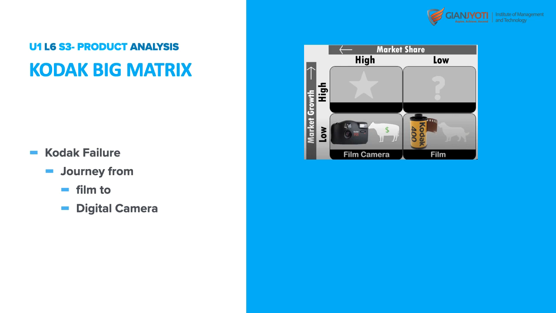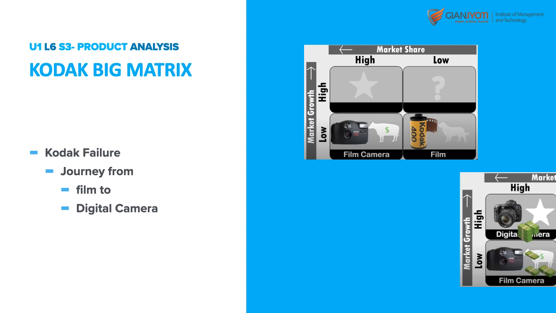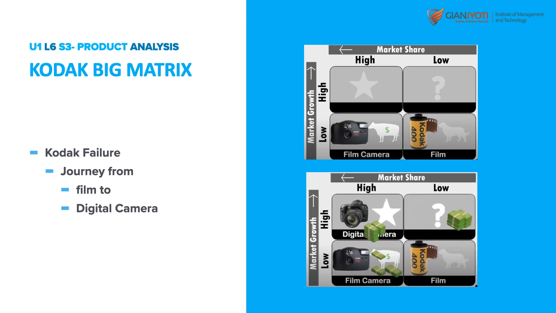And then a time came when the film camera was the cash cow, because most of the people were going for Kodak. That was the time they did not harvest that, and they did not follow the market for the new products. So there was no new product development, and things have moved to the digital side.